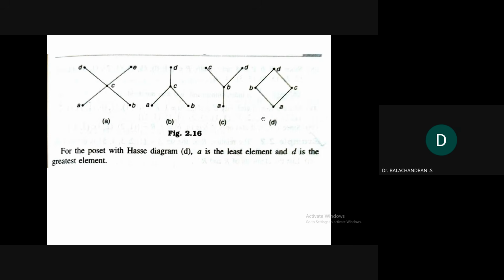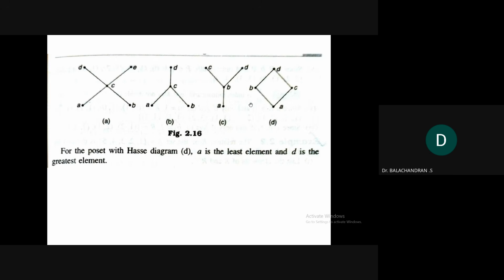In this diagram, A is the least element, and also it is a minimal element. Here D is the greatest element, and also it is a maximal element.